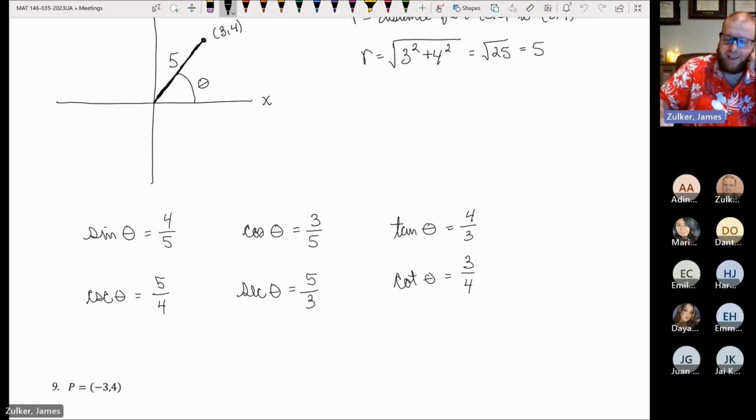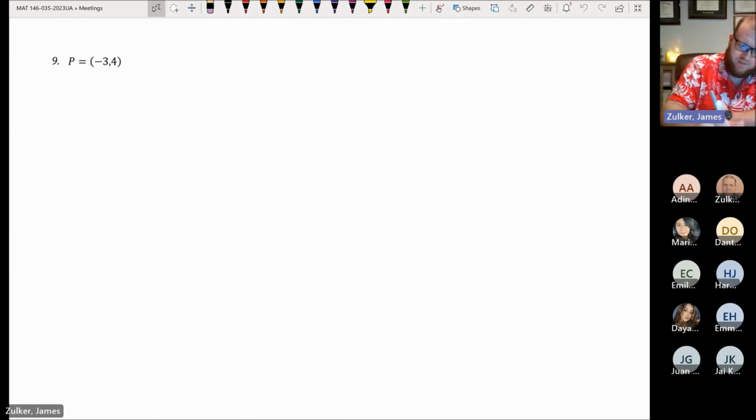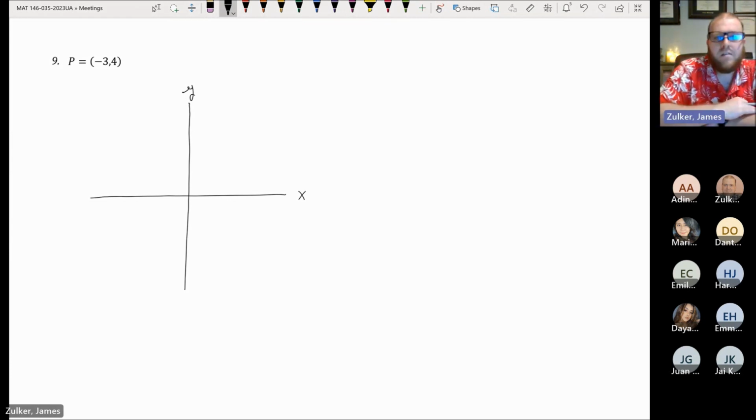Now we have the point -3, 4. What quadrant are we in? Quadrant 2.